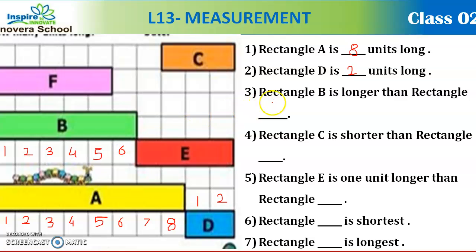The question asked is rectangle B is longer than rectangle E. So the answer is E, because rectangle E has only 1, 2, 3 and 4 blocks. Rectangle B is longer than rectangle E, so we write the answer E.